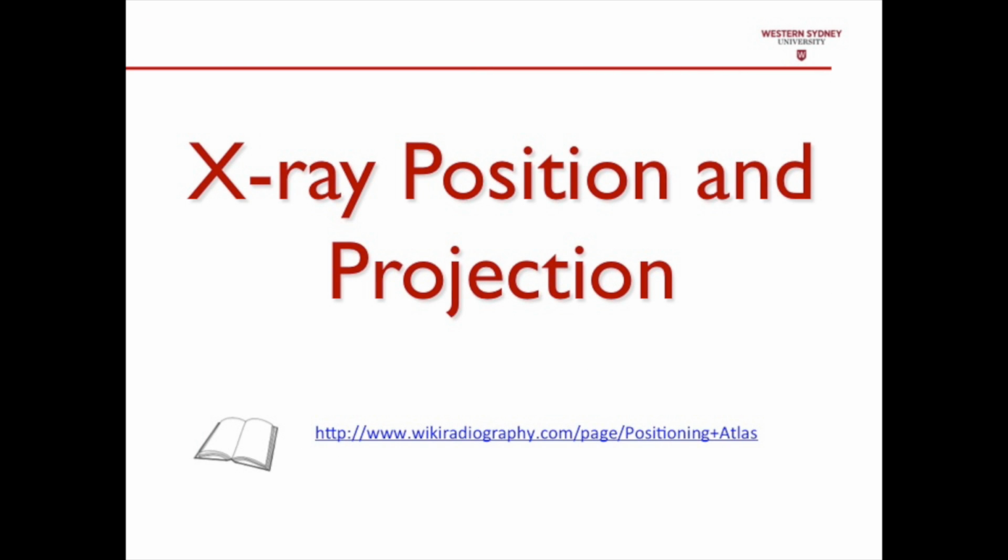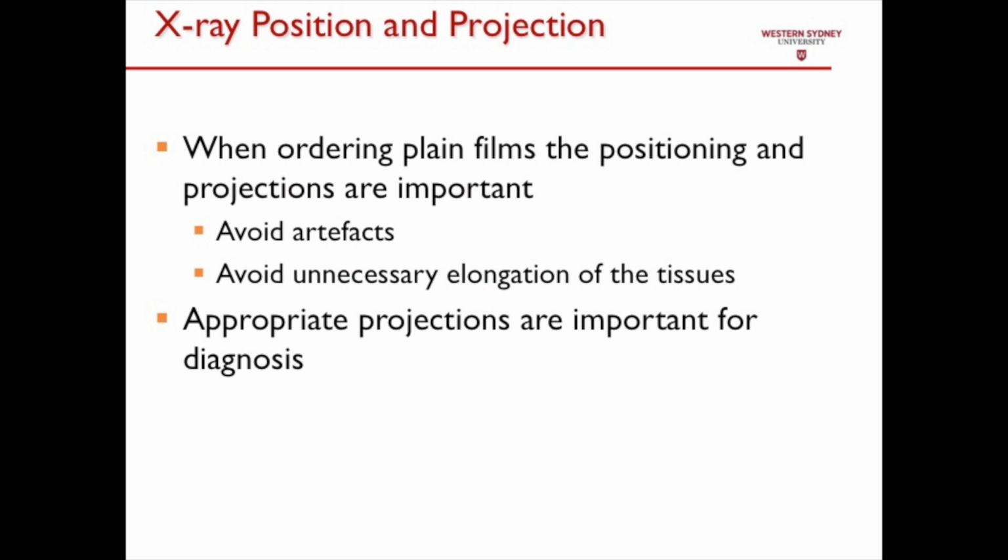We now need to consider X-ray position and projection. So when we're making an X-ray referral, it's important that we consider the appropriate positioning of the foot and the projection that we request to ensure that we get good visualization of the structures that we're interested in. We need to be aware of some of the aspects previously discussed in terms of avoiding artifacts, i.e. unnecessary elongation of tissues, and we need to ensure that the projection that we request is appropriate and important for the potential diagnosis.